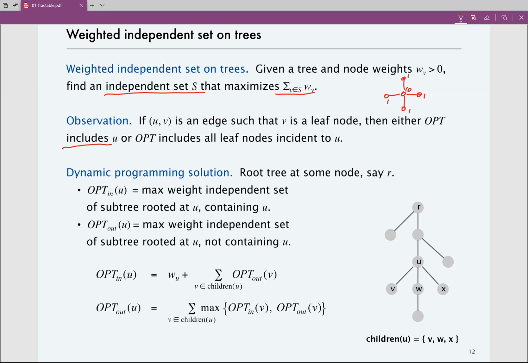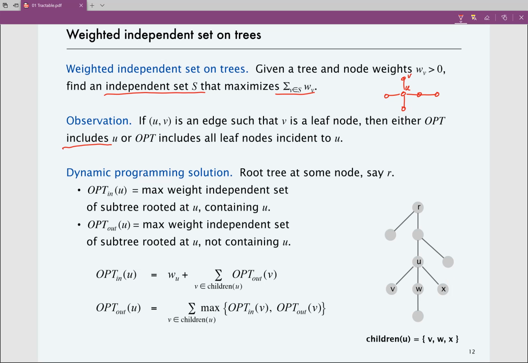Okay, so let's do an example of this. Let's try to redraw this figure over here. Let's make this graph a little larger. Now suppose you have a node U over here and a node V over here.